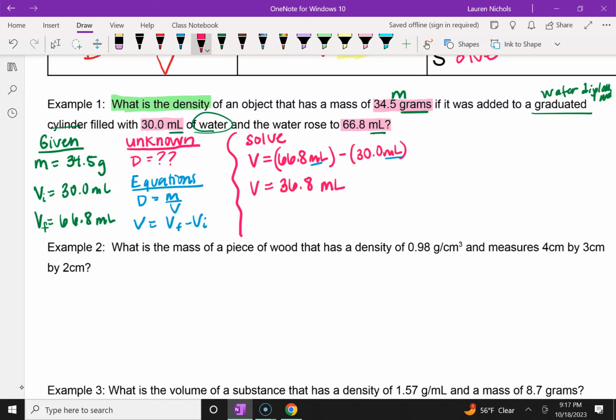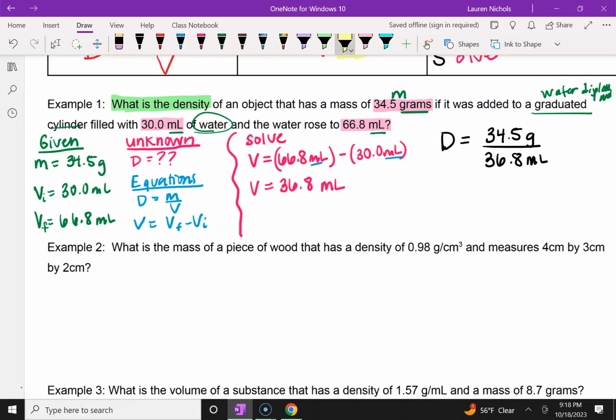Now that we have the volume of our object, we can plug it in to our density formula. So we know that density is equal to mass, which was 34.5 grams, divided by our volume, 36.8 milliliters. Now, because we're dividing, our units are going to combine.